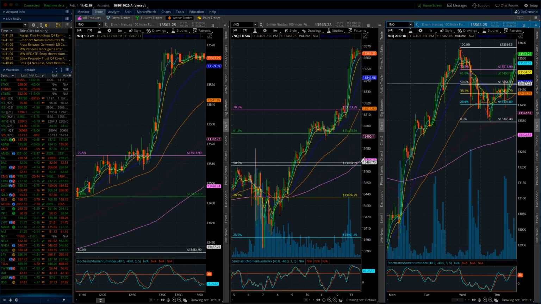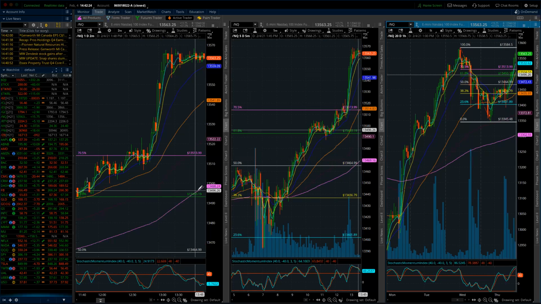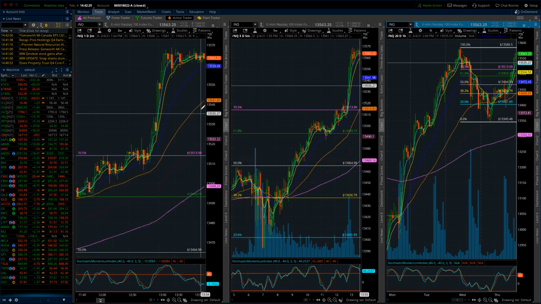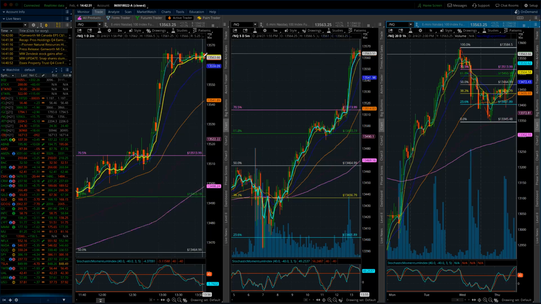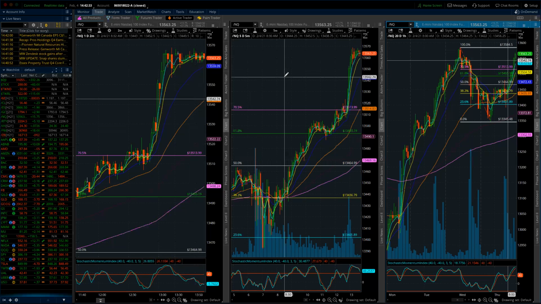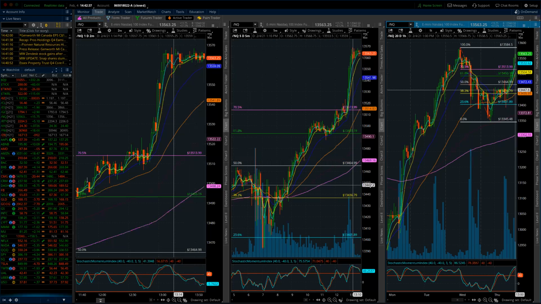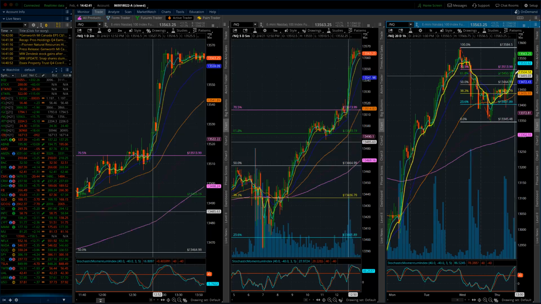But moving averages are going to go, and they move with price. Right now, look at this 2-minute chart. That's the 200, the 100, the 50, the 20, the 8, and the 4. They are lined up and primed to go higher. So is the 5-minute. So is the hourly.